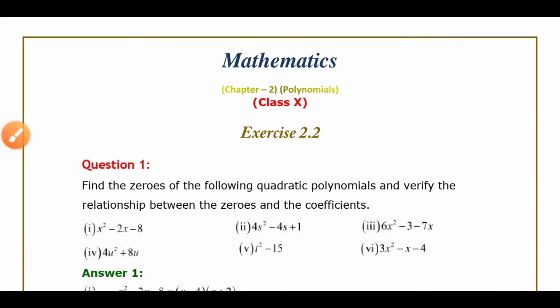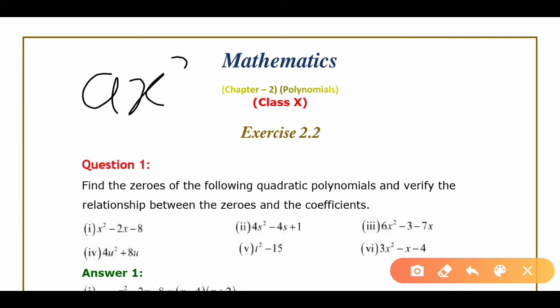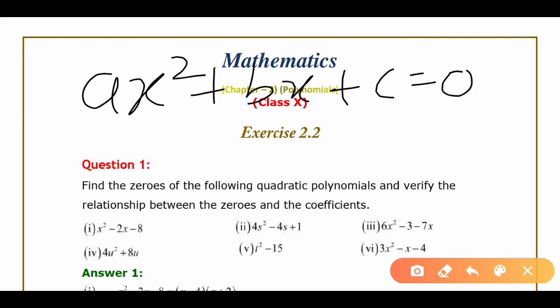Here we are assuming a quadratic polynomial equation, ax square plus bx plus c equals 0, and we are assuming that the solutions of this equation are alpha and beta.